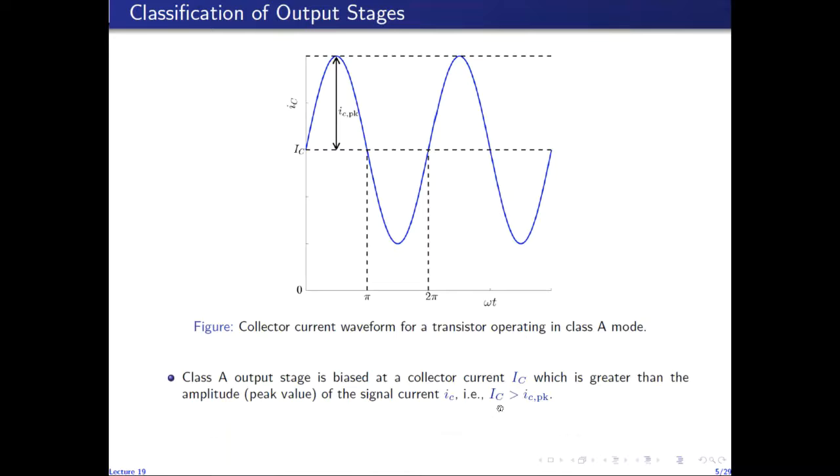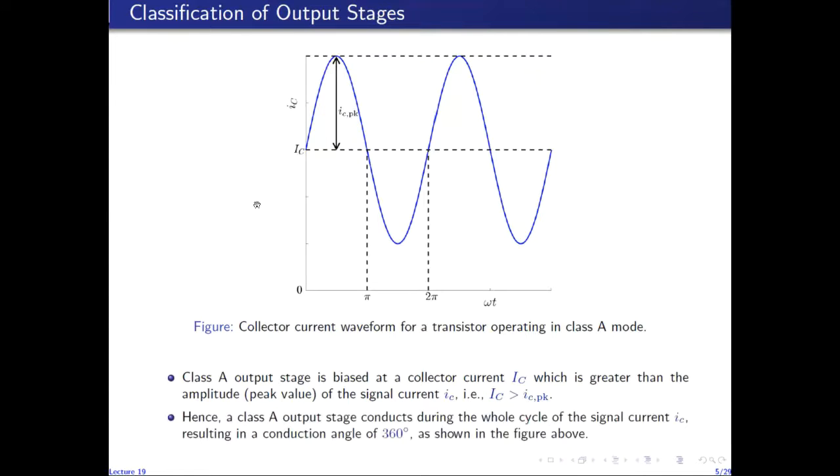So the waveform of the collector current conducted by a transistor operating in class A mode is shown in this diagram here. You can see that the instantaneous values of the current are always positive throughout the cycle of the input signal.